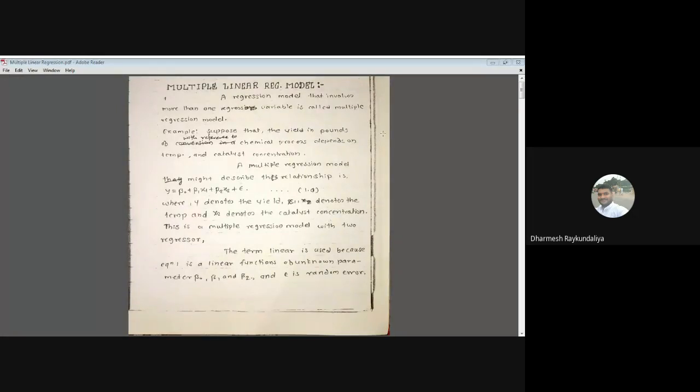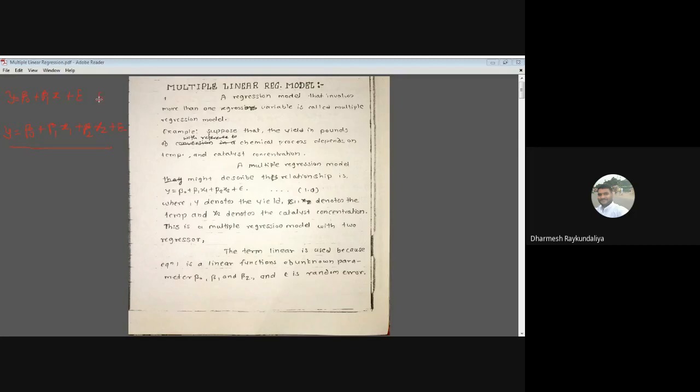So in simple linear regression, mathematically, this is indicating the simple linear regression model. But if you add more regressors, this is an example of a multiple linear regression.